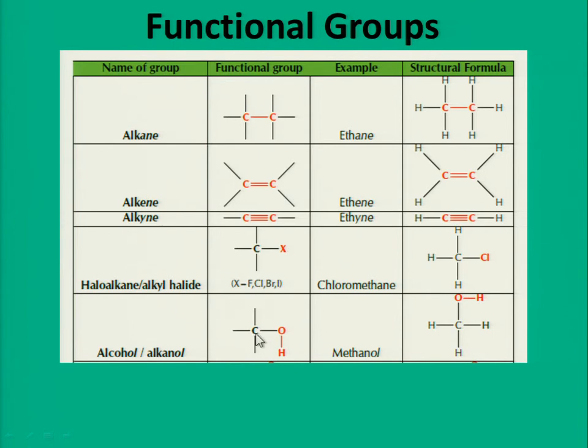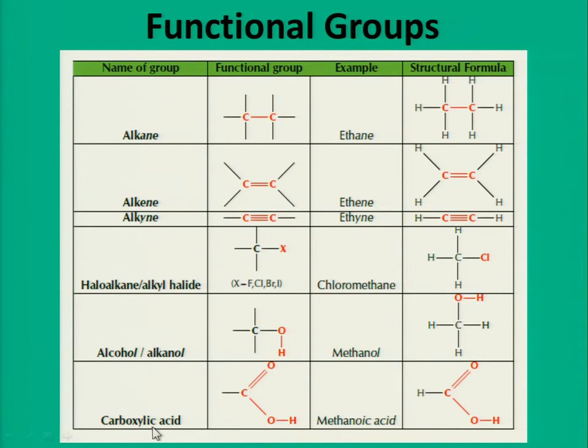That is where one of the hydrogen atoms bonded to the carbon is substituted with an OH group. Carboxylic acid. Here you have a carbon-oxygen double bond, which is called a carbonyl bond, and an OH group bonded to the carbon. But we'll get to that later on.